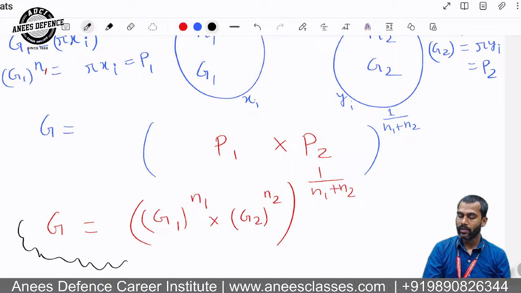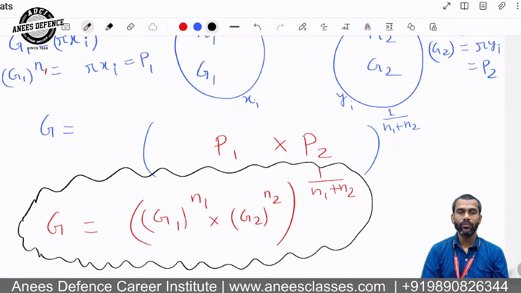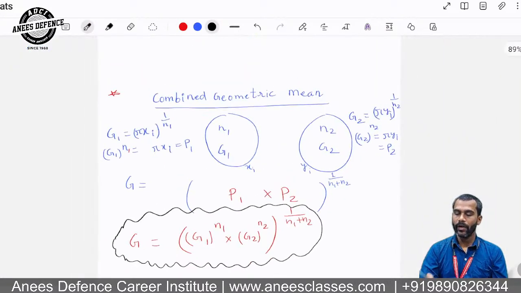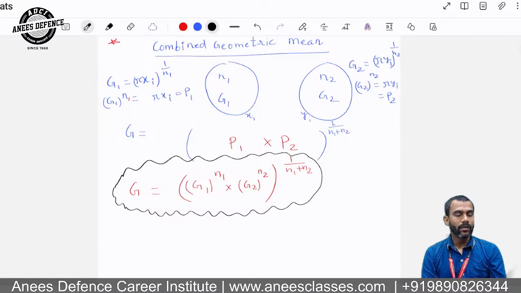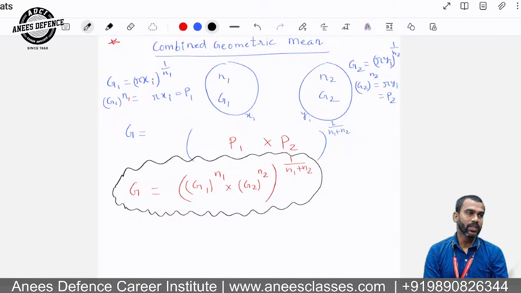Yes or no? Where G1 and N1 are GM and number of observations of the first group respectively, and G2 and N2 are again for the second group. Yes or no?